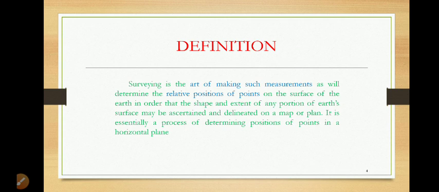So, the relative position of points on the surface of the earth, in order that the shape and extent of any portion of the earth's surface may be represented on a map or plan.